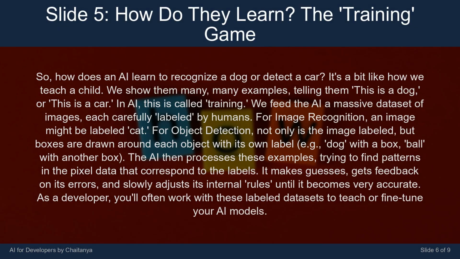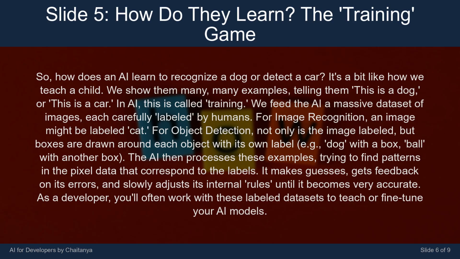So, how does an AI learn to recognize a dog or detect a car? It's a bit like how we teach a child. We show them many examples, telling them, this is a dog, or this is a car. In AI, this is called training. We feed the AI a massive dataset of images, each carefully labeled by humans. For image recognition, an image might be labeled cat.